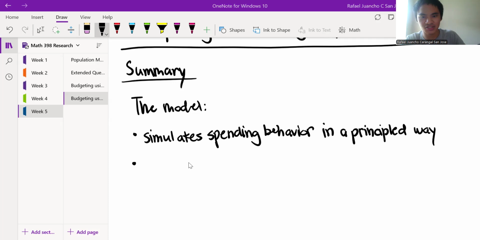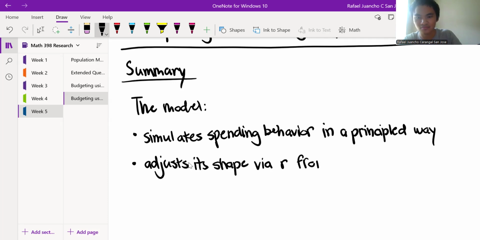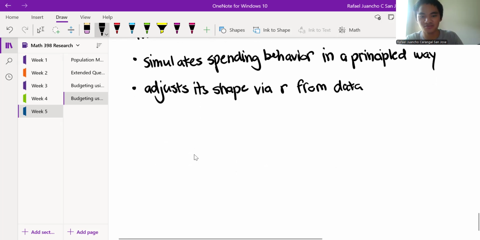And then it also adjusts its shape, or how the curve looks, via R from data, right? Those are from the data points, using mean squared error and optimization using SciPy from Python and stuff like that.